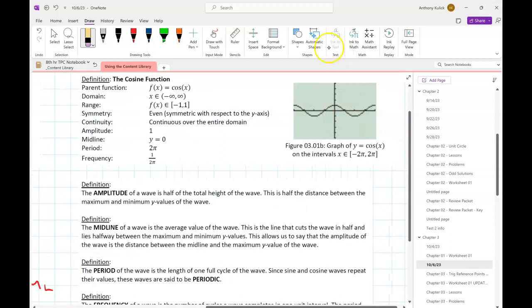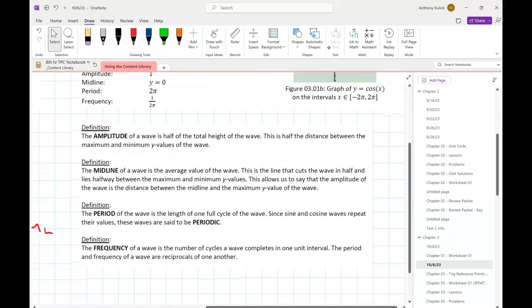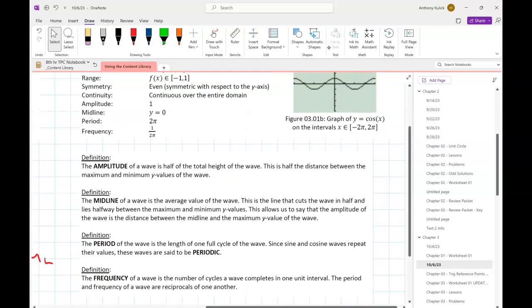Everybody's okay there? And so our word definitions now for amplitude, midline, period, and frequency, I've put in there. Amplitude is half the total height of a wave, so half the distance from a max to min, which is the same as the distance from an extrema to the midline. I like thinking of it that way because it's a simpler way of saying it. The midline cuts the thing in half, so it's halfway between the minimum and maximum y values.